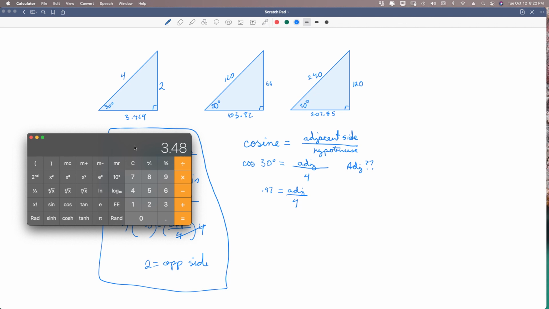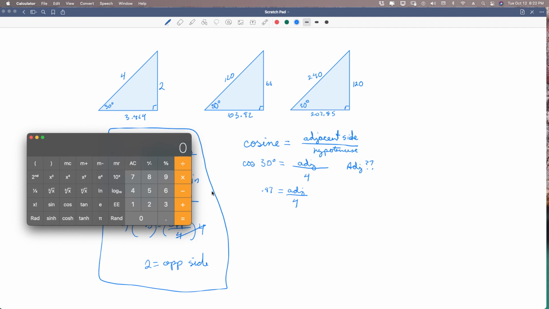So it's much more accurate to go ahead and do 30 cosine, and then while it's already on the calculator, then do your multiplication. Then you can do whatever rounding you want to do, right? Instead of doing this. But for the sake of showing your work, you could just write 0.87 but not clear the calculator.